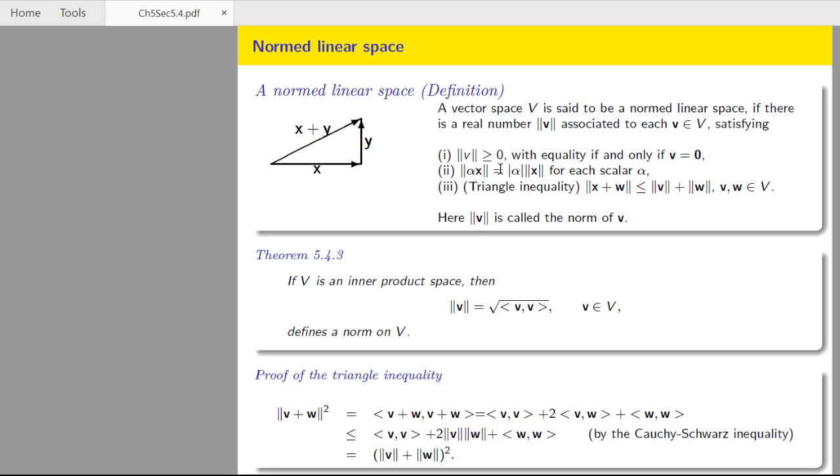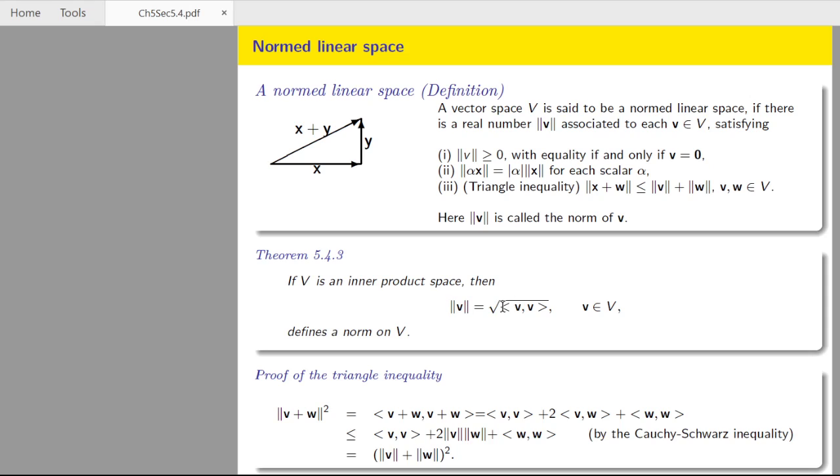So the first two properties we show are satisfied. Then we need to verify the third property, the triangle inequality. In this case, we consider the square of this operation for vector v plus w. By the definition here, we take the square of this.